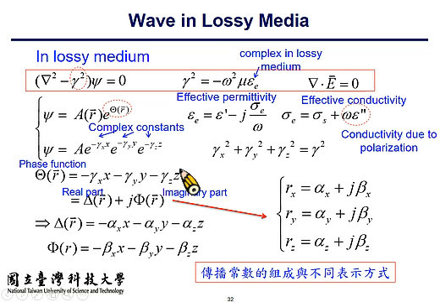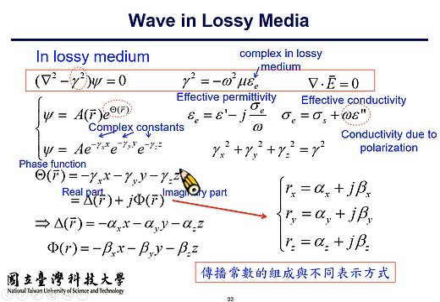Then the propagation constant is reduced to a pure imaginary number, just the j beta. Therefore, the minus gamma to the square becomes plus beta to the square. And beta to the square equals to omega to the square times mu times epsilon.